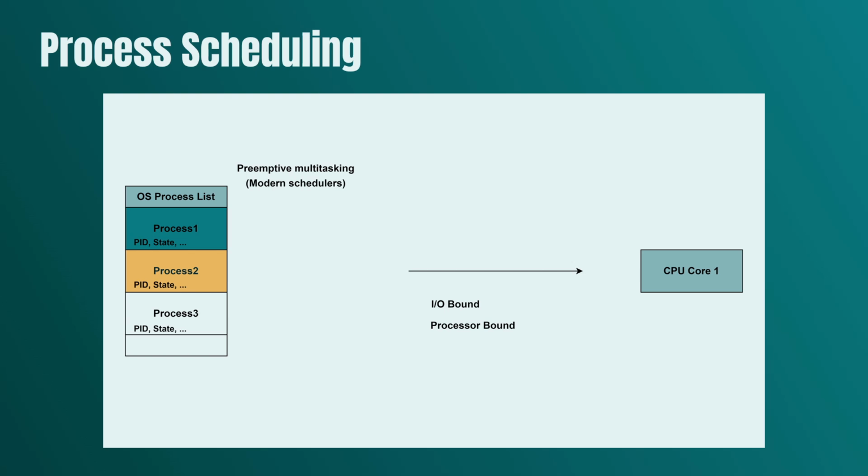Now, let's explore a technique that some schedulers use to balance these two categories of processes. First, a scheduler defines a target latency. This value should be small enough to ensure program responsiveness, but not so small that it increases the overhead of context switches. For this example, let's assume the scheduler sets a target latency of 30 milliseconds.